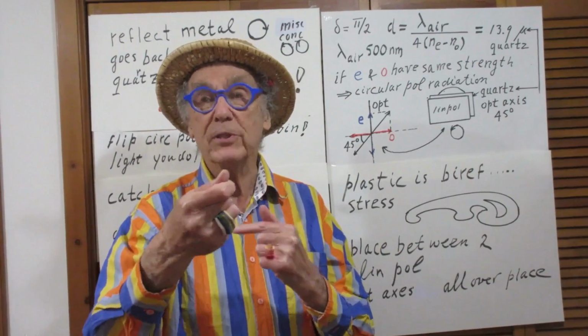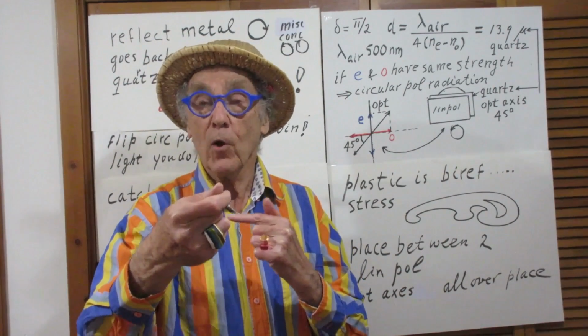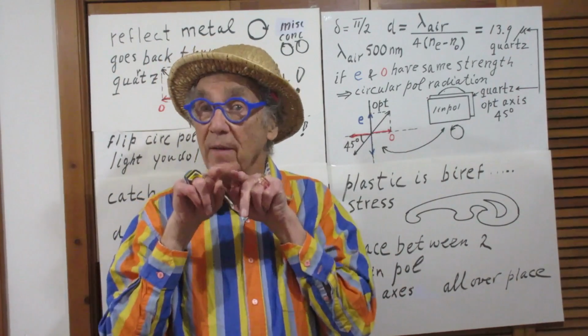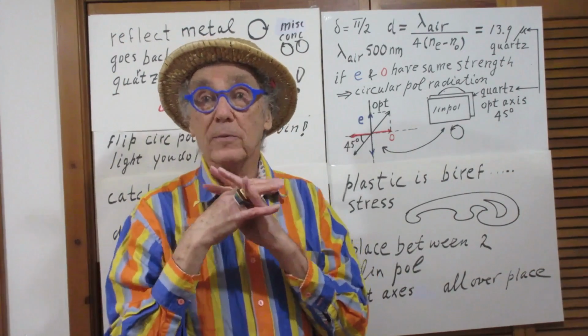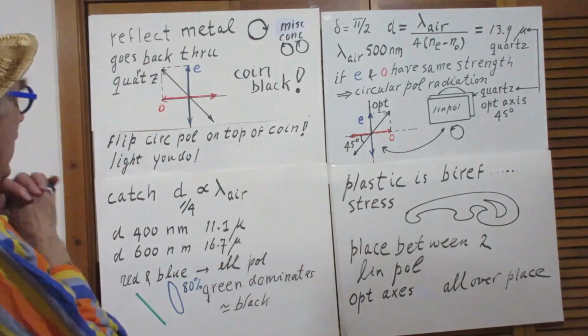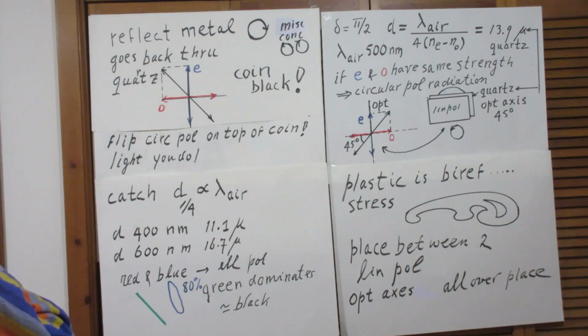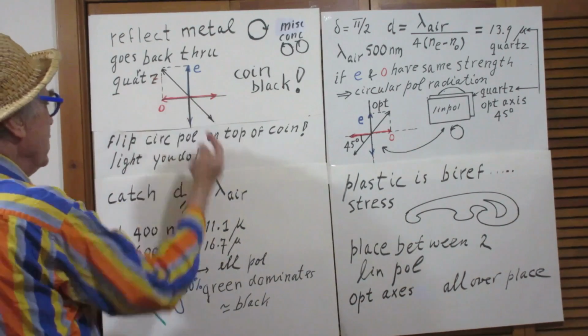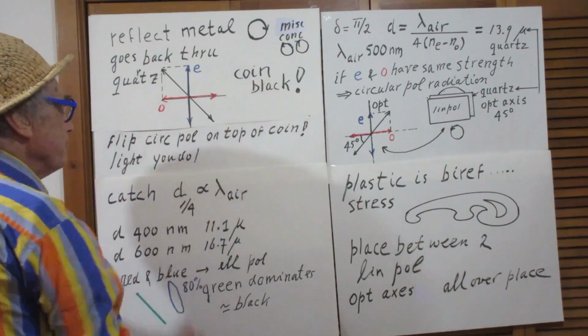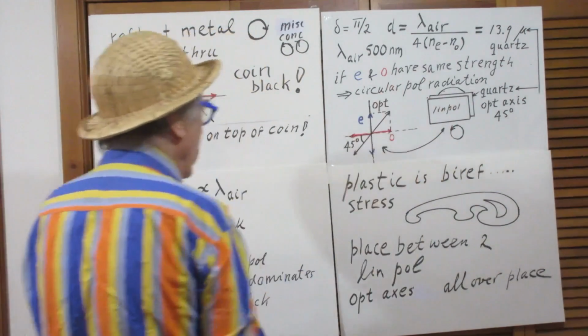The metal will see it going through in the same direction that you would see it go to the metal. Okay, so in any case, the linear polarization flips over by 90 degrees, and therefore it's blocked completely and the coin is black.